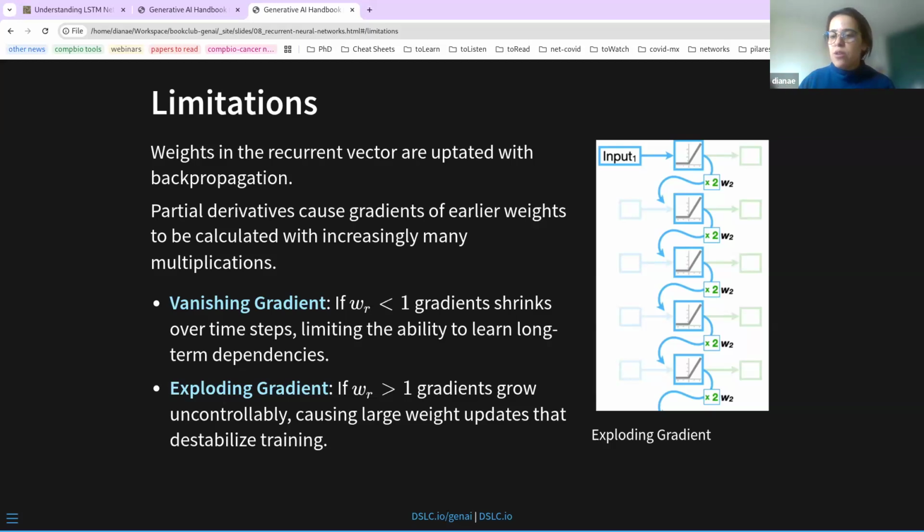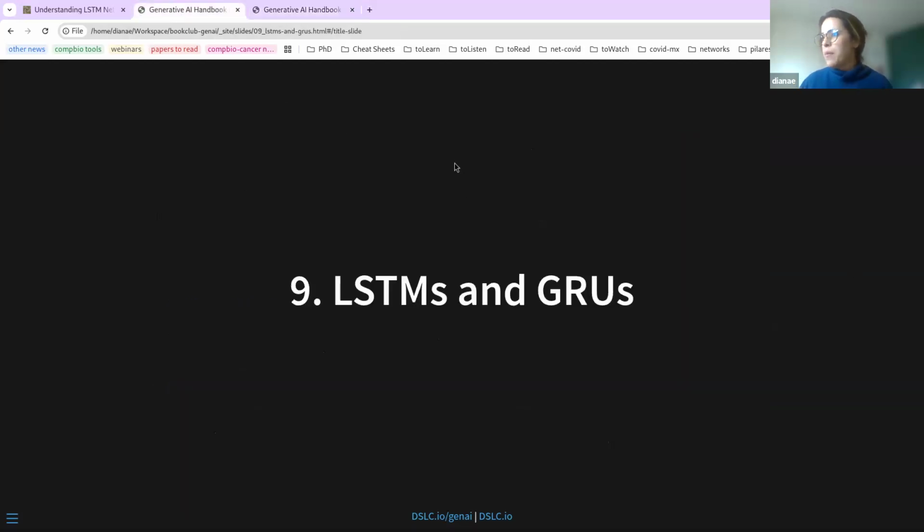And if the value of that weight is greater than 1, that problem is called the exploding gradient, and that's gonna affect our training process, and it's gonna be really hard to find the actual minimum of the cost function that we were talking about last week. So yeah, that was a recap of chapter 8.